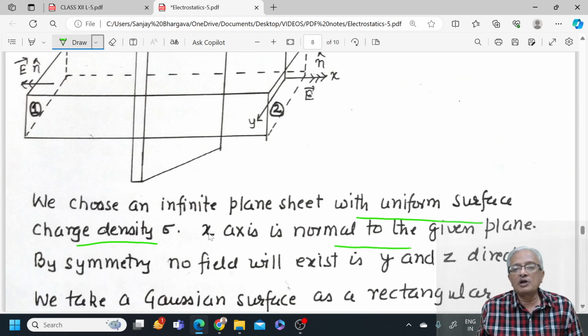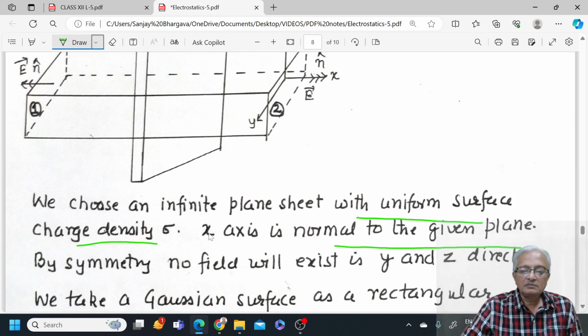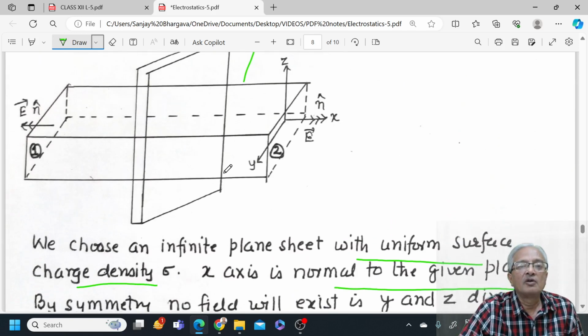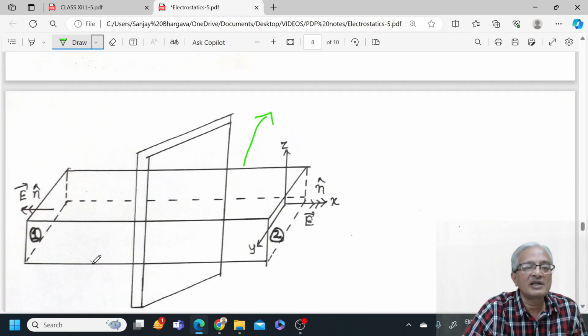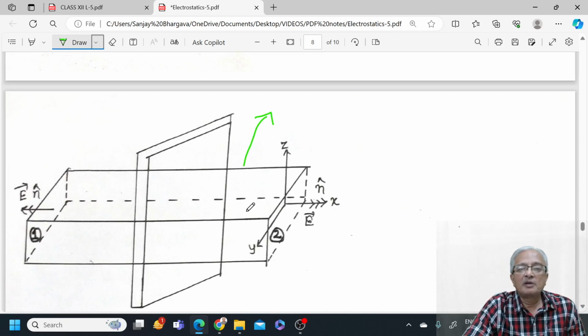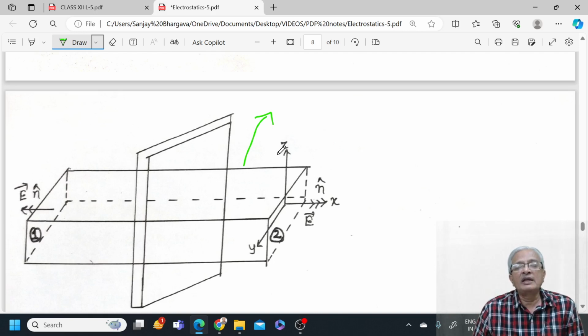X will be the normal to the given plane. So by symmetry, what will happen? I can say that no electric field would be existing in the upper face and the bottom face. That is the plane that would be lying in the YZ direction. Both planes do not have any electric field lines passing through them.